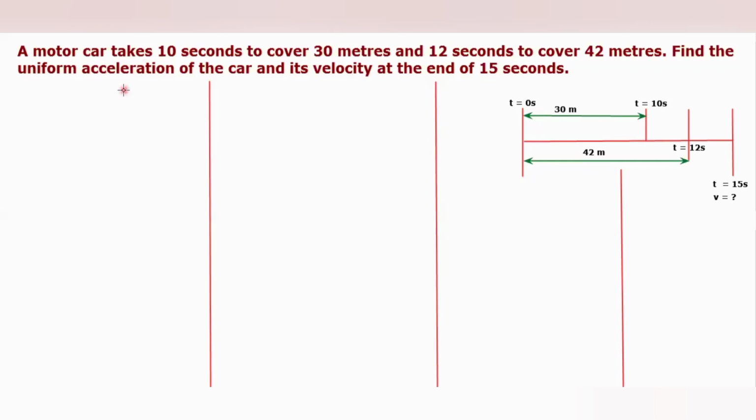Today's session we are going to discuss a solved numerical on the topic motion in straight line. Let's go to the topic. A motor car takes 10 seconds to cover 30 meters and 12 seconds to cover 42 meters.